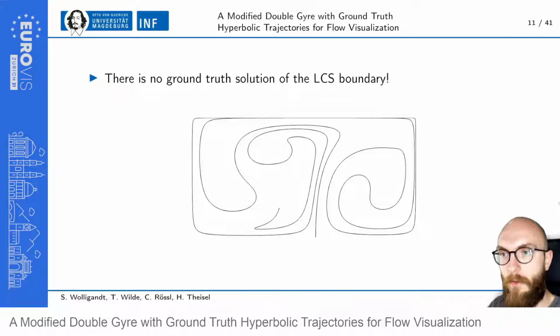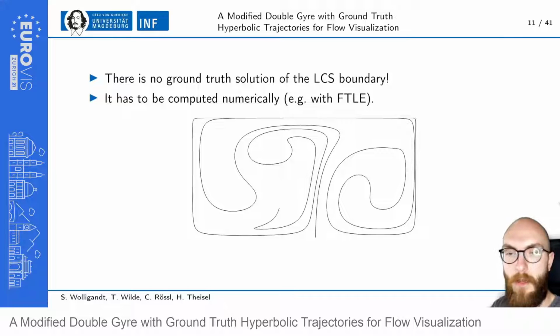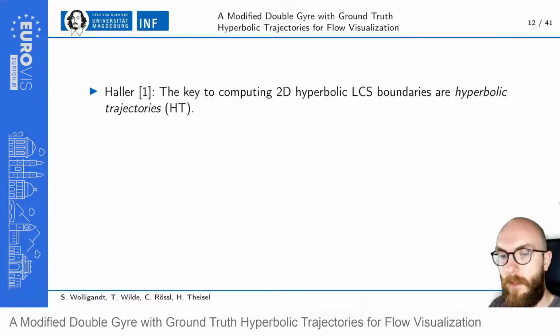Unfortunately, there is no ground truth solution of this LCS boundary. That means it has to be computed numerically, for example, with FTLE. What this is will be explained later. George Haller developed another approach. He says the key to computing 2D hyperbolic LCS boundaries are hyperbolic trajectories.